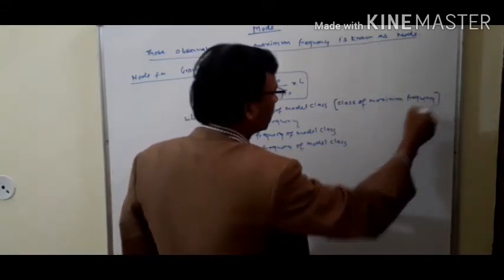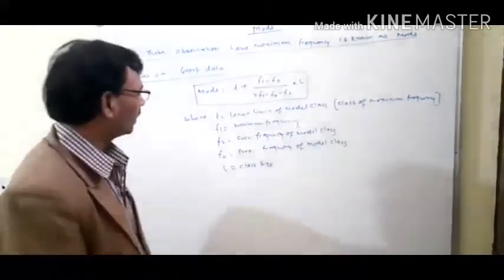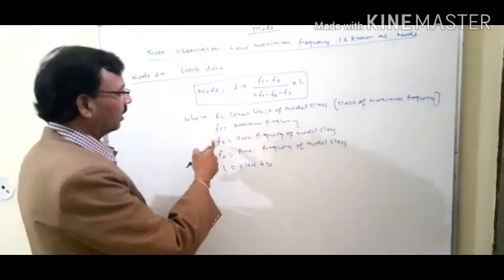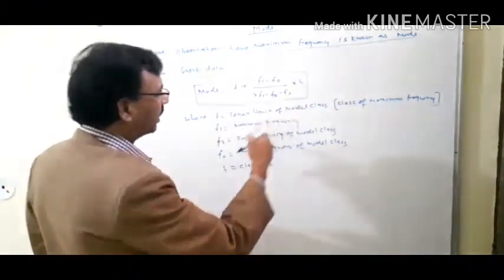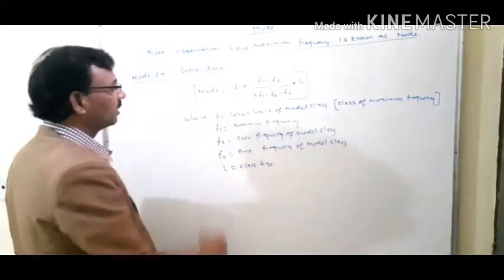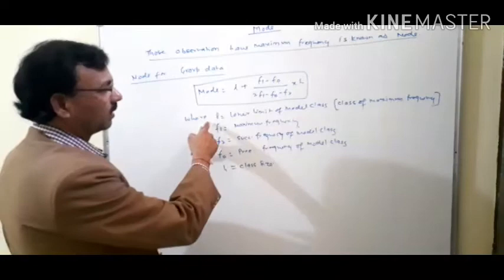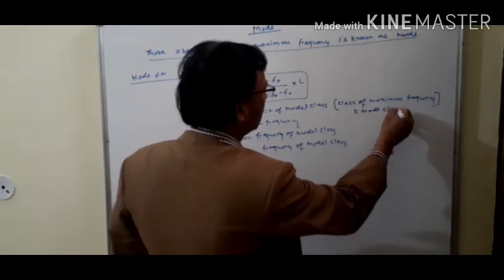That means the class with the maximum frequency will be the modal class, and the lower limit of that modal class will be L.